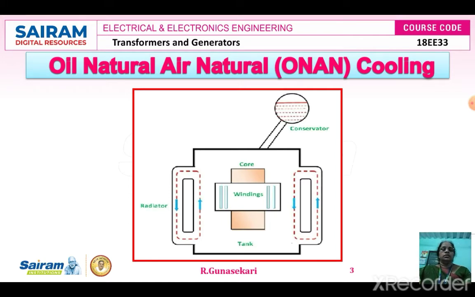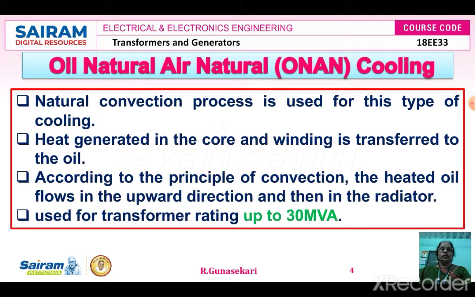This type of cooling is used up to 30 MVA rating transformers only. The natural convection process is used for this type of cooling. In this method of cooling, the heat generated by the various types of losses in the transformer core and the transformer winding is transferred to the oil.